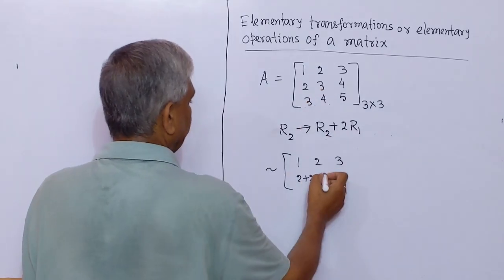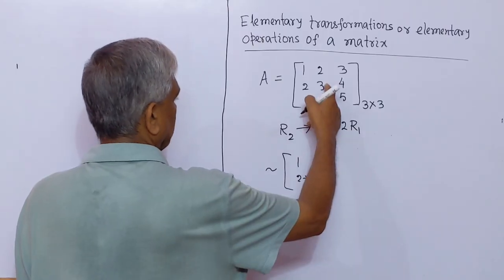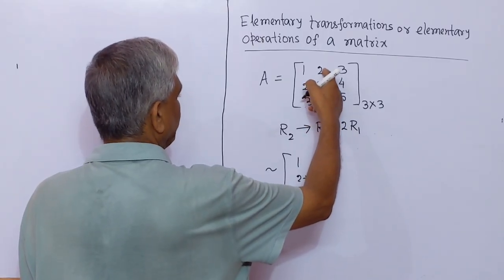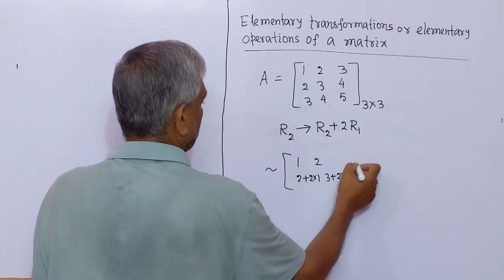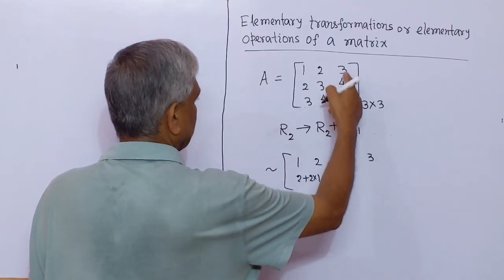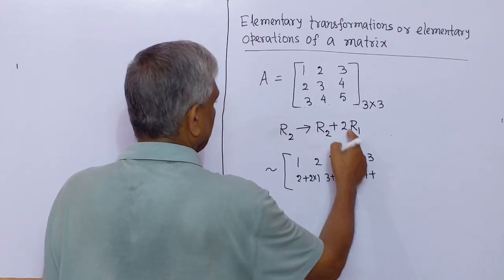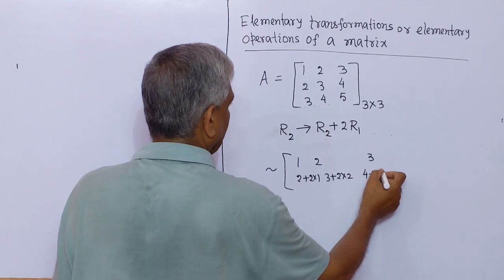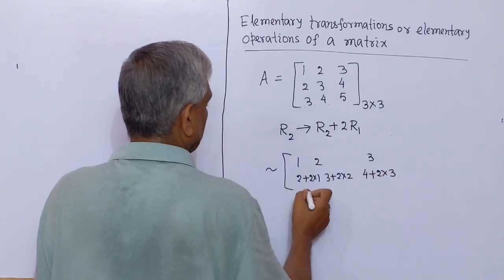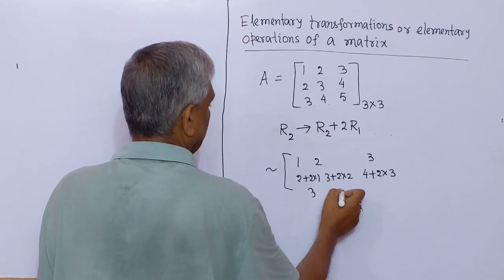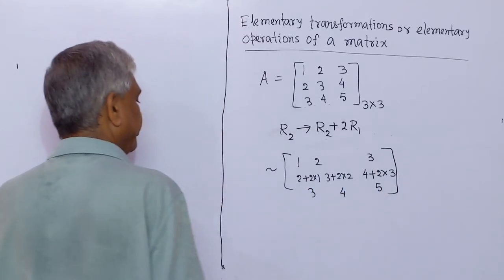Here 3 plus 2 multiplied by 2. Here 4 plus 2 multiplied by the corresponding element 3 in the first row. The third row remains the same, 3, 4, 5.